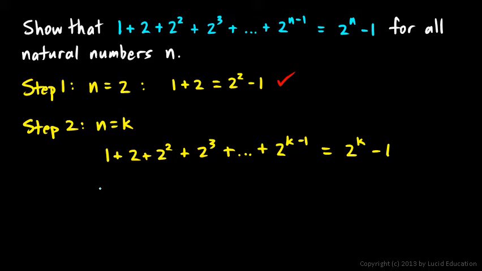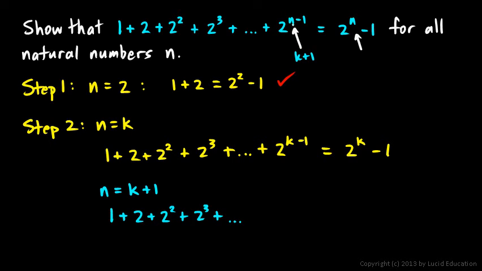Let's think about what it looks like if n equals k plus 1. So if we put k plus 1 in for n right here, what does this equation look like? Well, it will be 1 plus 2 squared plus 2 cubed, and so on. And how far out do we go? Well, if we're putting in k plus 1 right there, this will be k plus 1 minus 1. We go all the way out to 2 to the power of k.